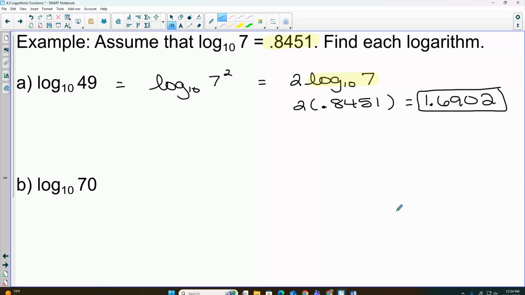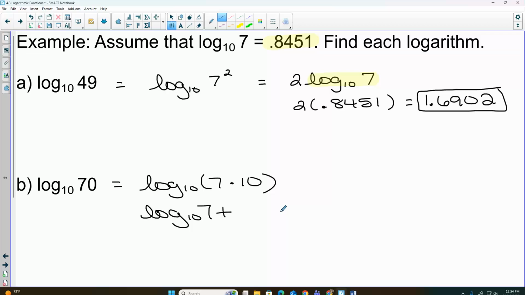B. Log base 10 of 70. I gave you log base 10 of 7, so how would you rewrite 70? So properties of logs say if those are being multiplied, we can add their logs together.